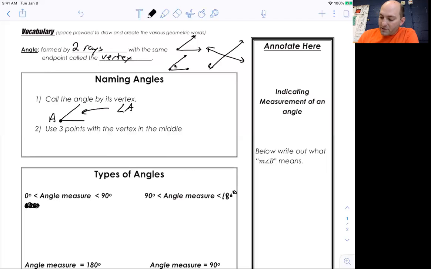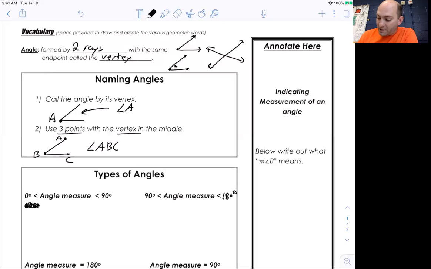The other option is to use 3 points as long as the vertex is in the middle. So what I mean by that is this. So let's say I make 3 points and I go A, B, C. So I name that angle ABC here. Okay? Now this is one option.